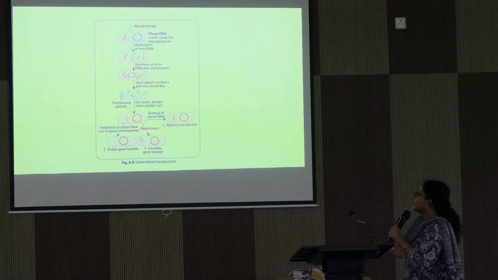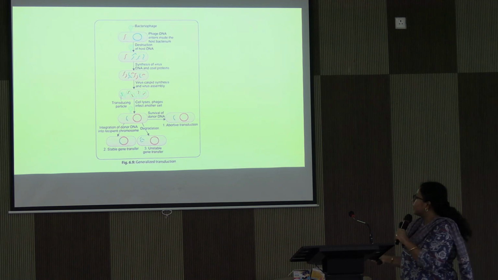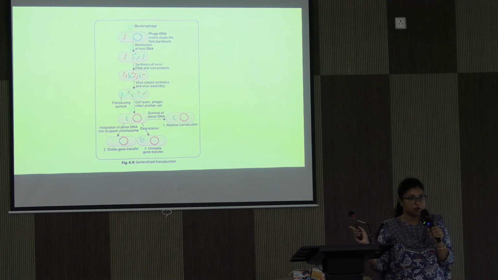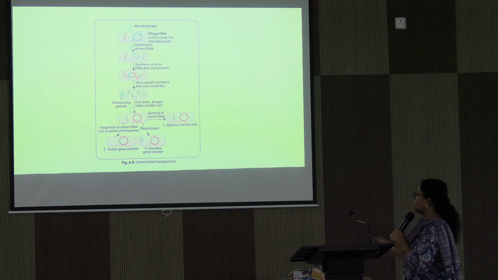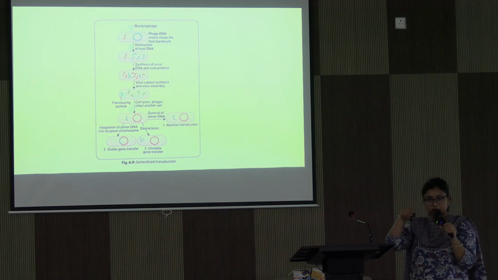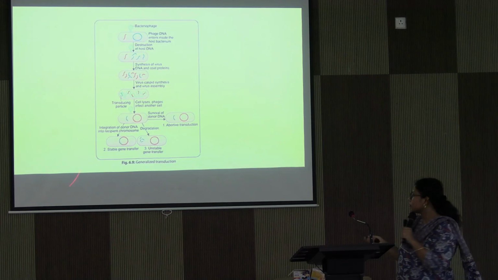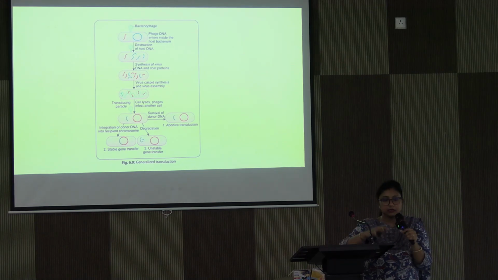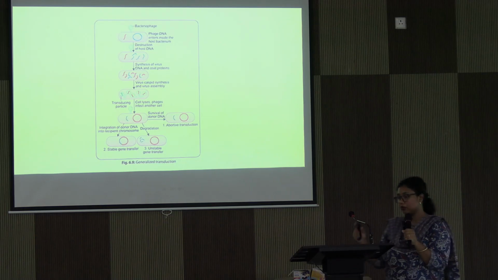Another thing is unstable gene transfer. The phage may have transferred the gene, but inside there is fragmentation and disintegration of the genetic material. Third is a stable gene transfer, that is, it is getting incorporated in the chromosome and it is there as a heritable chromosome part.